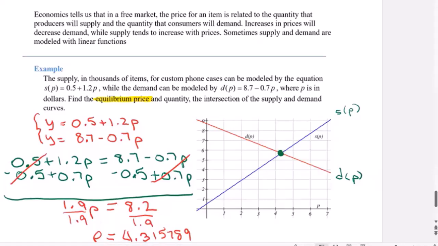I need to round that off to dollars and cents. So let me say the optimal price, or the price of equilibrium, would be 4.32, or $4.32, because I'm going to round just to 2 decimal places. That would be my optimal price.